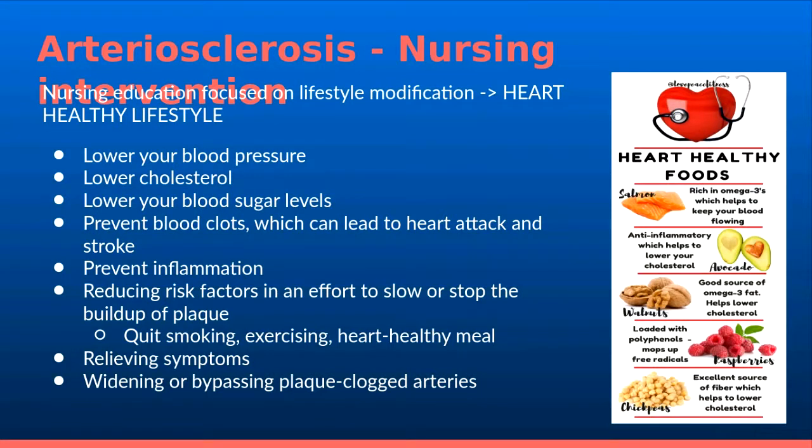We can use medication or lifestyle changes to lower your blood pressure, cholesterol, and blood sugar levels, and to prevent blood clots, which can lead to heart attack and stroke, and prevent inflammation. Also, reduce risk factors in an effort to slow or stop the buildup of plaque, including quitting smoking, exercising, and adopting a heart-healthy diet. I included some heart-healthy foods on the side, including salmon, avocados, walnuts, raspberries, and chickpeas.